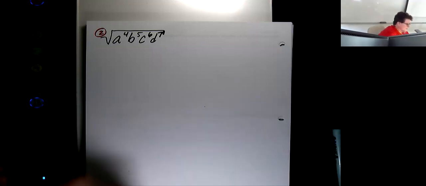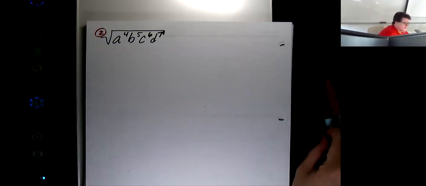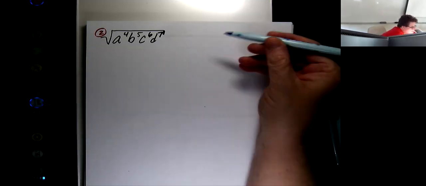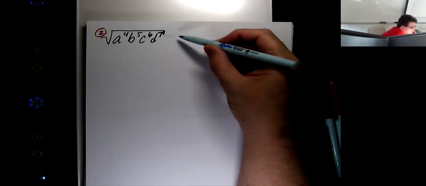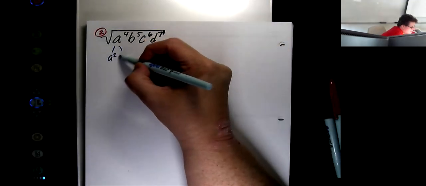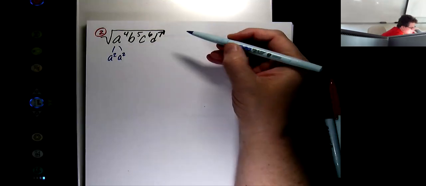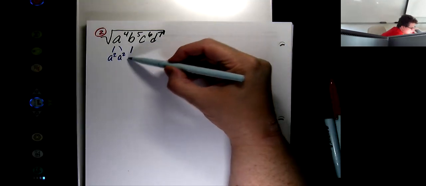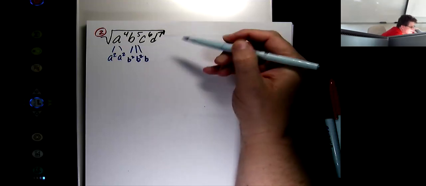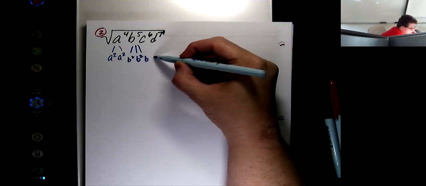Alright, so what did you guys try? A squared times A squared for the A to the fourth. B squared times B squared times B. C squared times C squared times C squared.